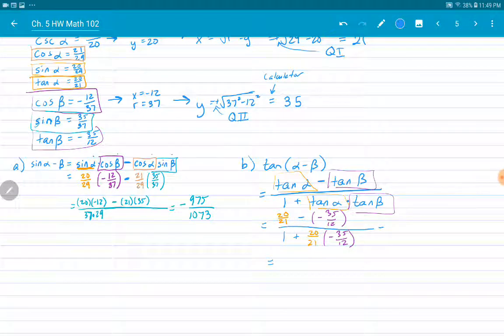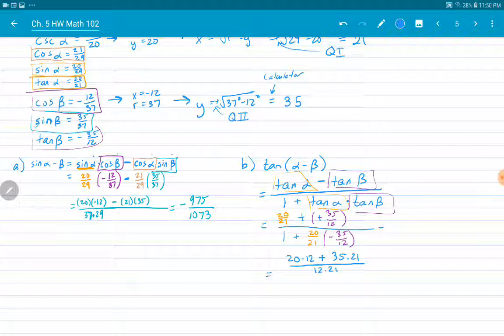let's see here. We need to get a common denominator. So I'm going to do 20 times 12. This is minus a negative, so that's really a positive, so I'll do plus 35 times 21 all over 12 times 21.